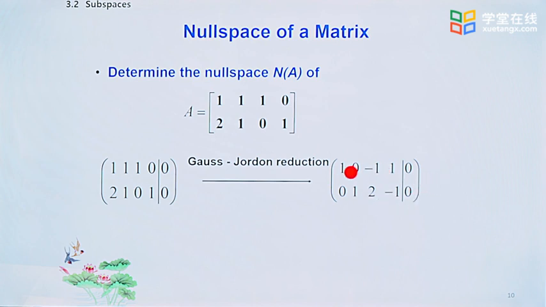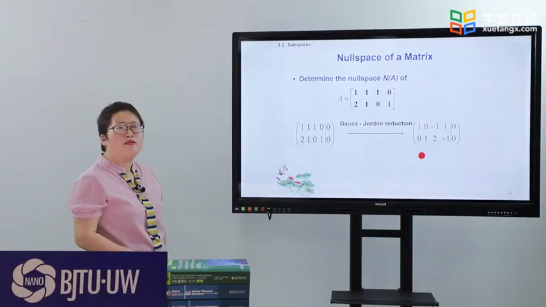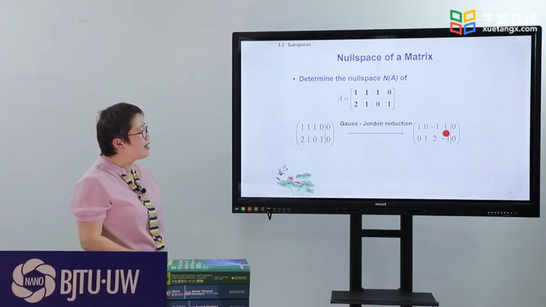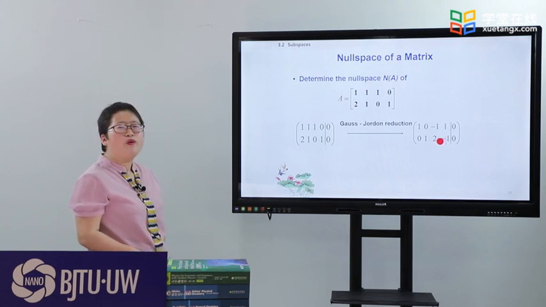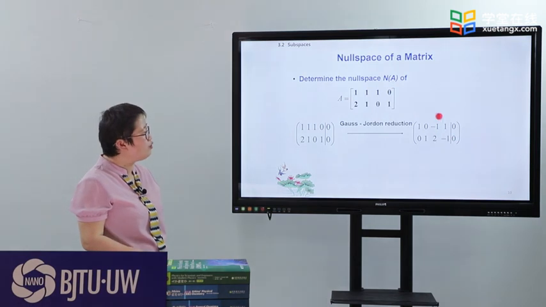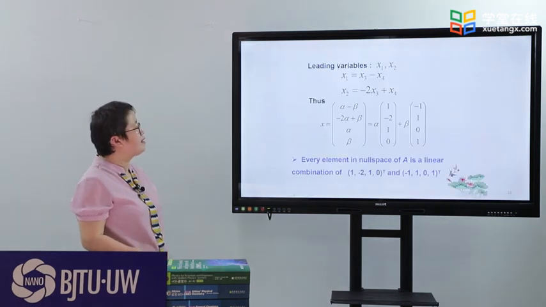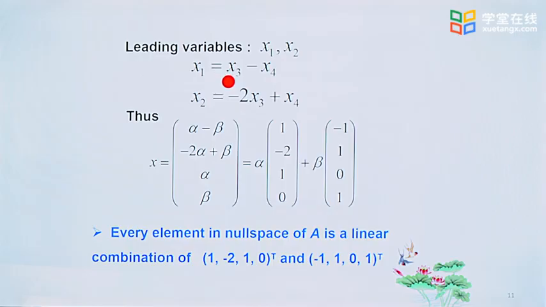So we consider x1 and x2 as basic variables, and x3 and x4 as free variables. We use the free variables to represent the basic variables, the leading variables. We get x1 equals x3 minus x4, and x2 equals minus 2x3 plus x4.